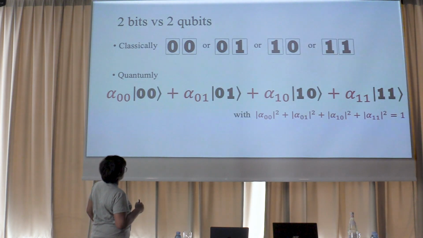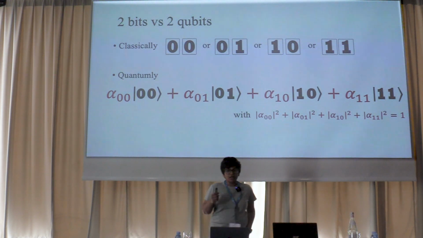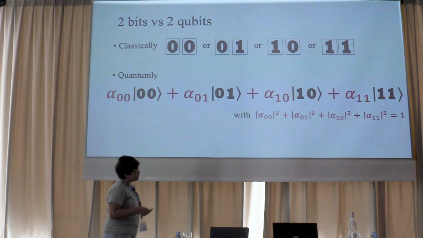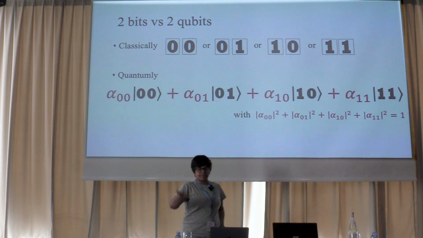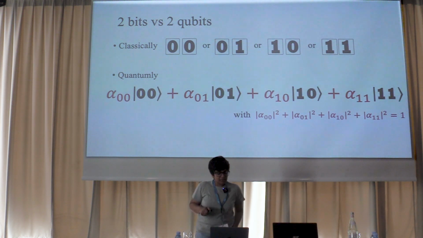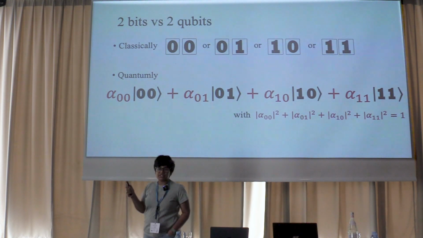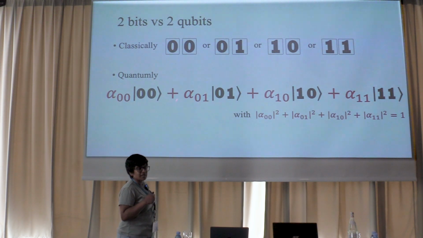Okay. So like I said, a single qubit system you can write as a 2-dimensional vector in complex space. And with a 2-qubit system, you now have a bigger space, right? Because the number of possible memory configurations of a 2-bit system is 4. So my 2-qubit system is now going to be a 4-dimensional vector.